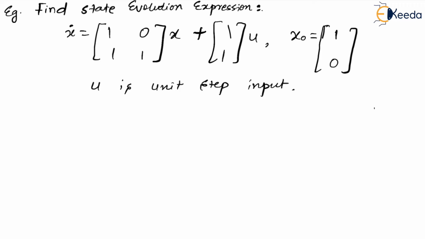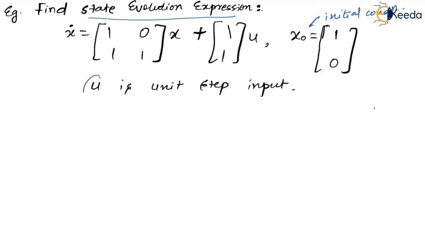In this particular question, they are asking you to find the state evolution expression. We have seen that expression. Now this is your state space model, given as x dot equal to [1 0; 1 1] x plus [1; 1] u, and x naught is the initial condition, and u is the input.